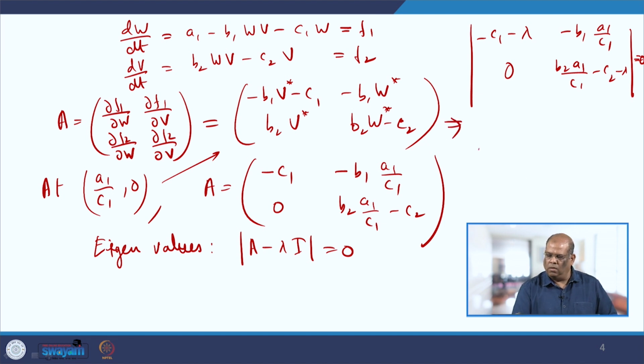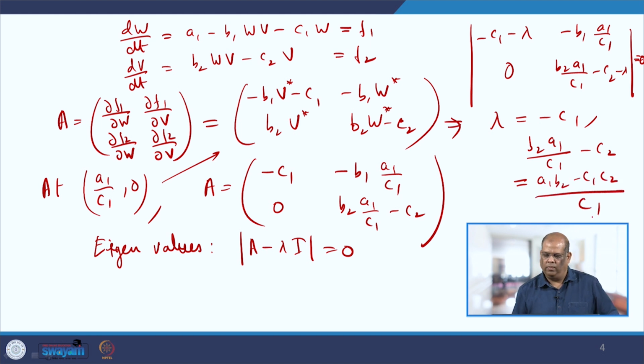So, if I just solve this, I will get lambda equal to minus C1 and B2 A1 by C1 minus C2. If I simplify this, I will get A1 B2 minus C1 C2 divided by C1.